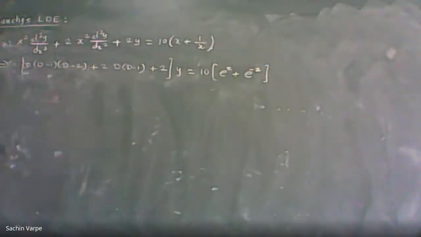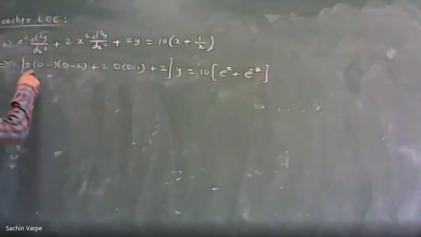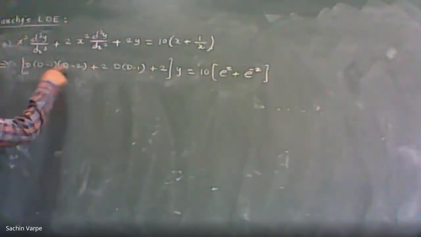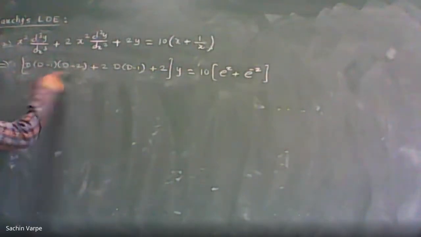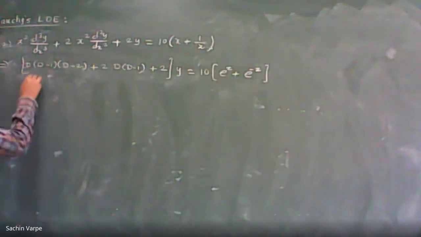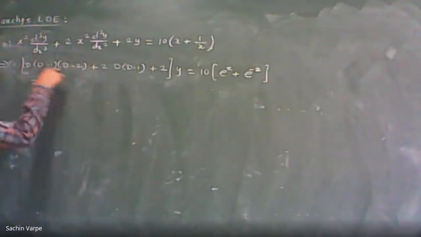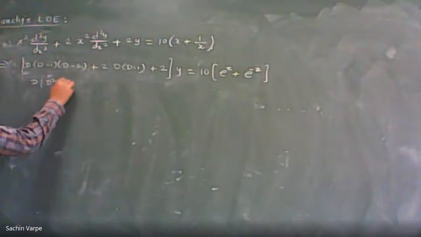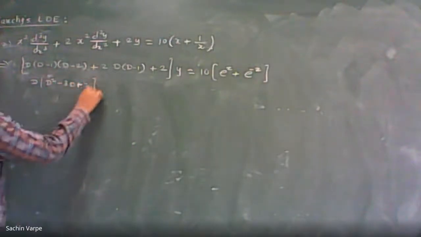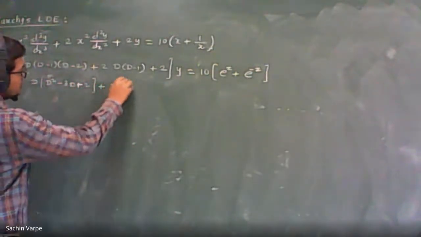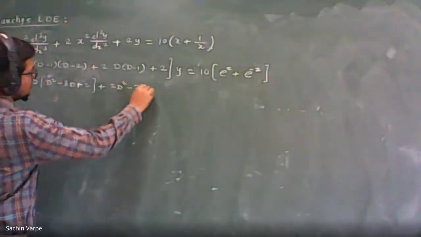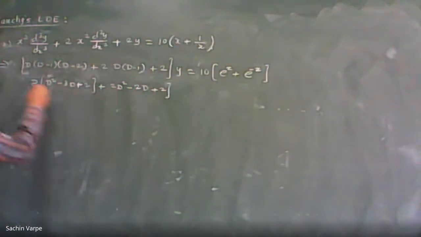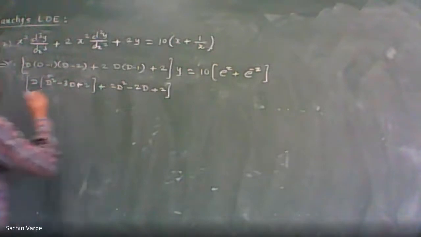Please check. Everything will be in terms of z now. And when we simplify this, this is D cube. Just check, just multiply this. So D into D square minus 2D minus D minus 3D plus 2, plus 2D square minus 2D plus 2. Okay.